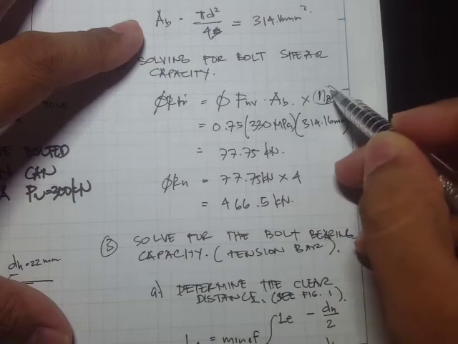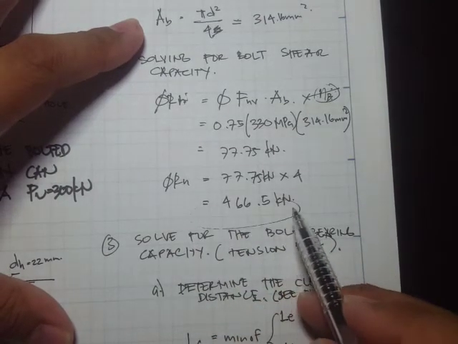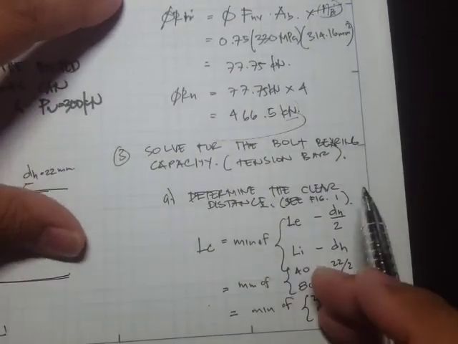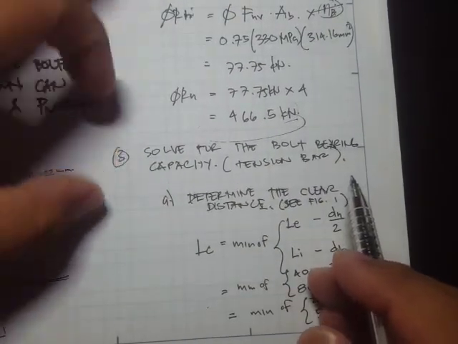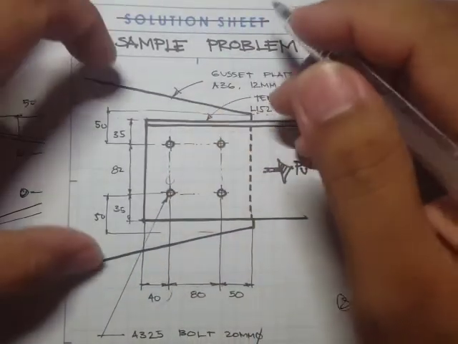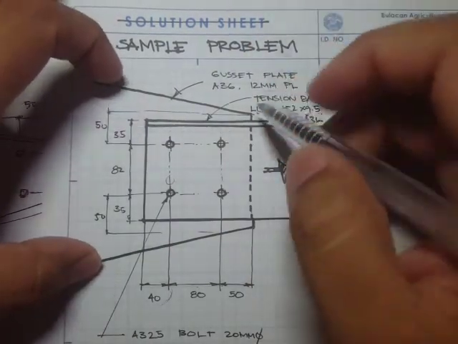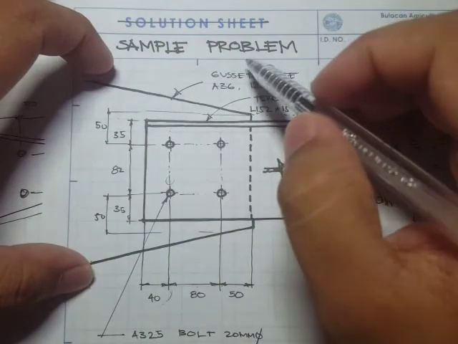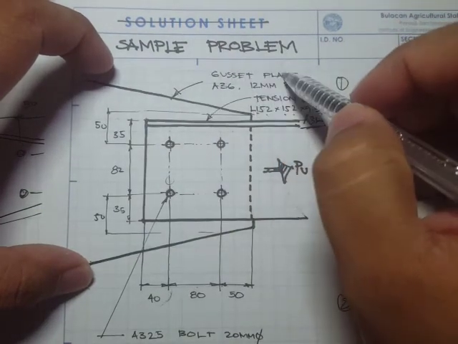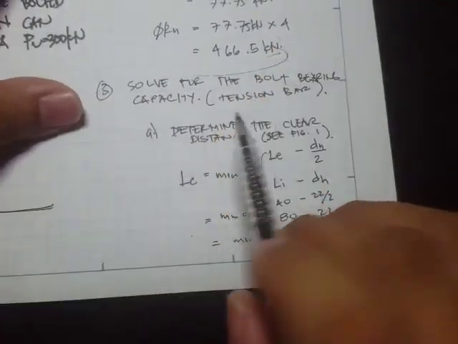Then that's going to be the capacity. And then the next step that we did is to solve for the bolt bearing capacity of the tension bar. So take note that the bearing capacity could either be the bearing at the plate, the gusset plate, or it can be bearing in this tension bar. So we have to check the two.